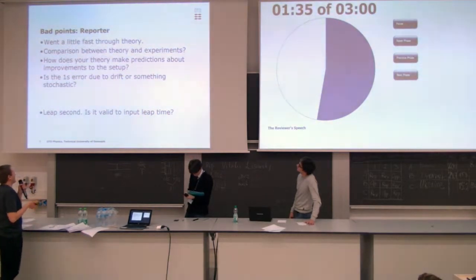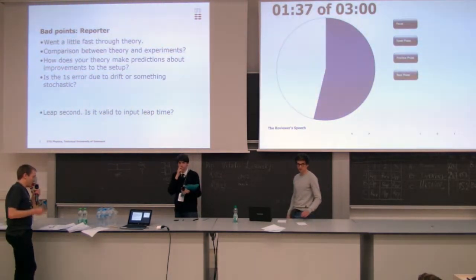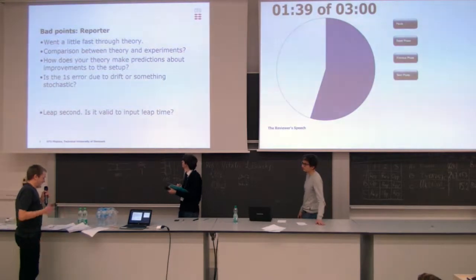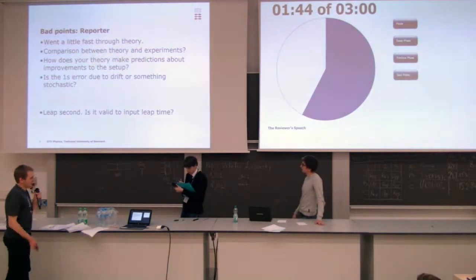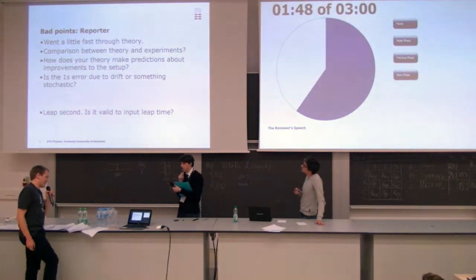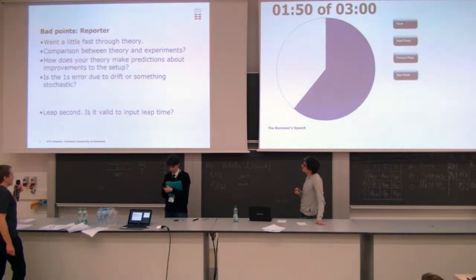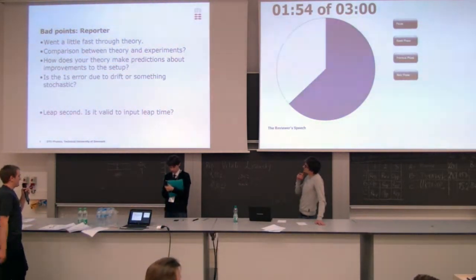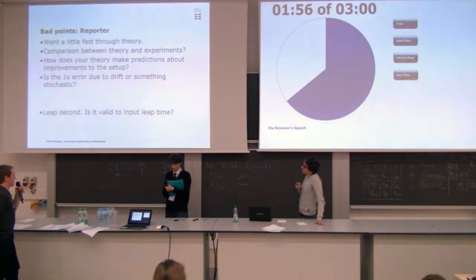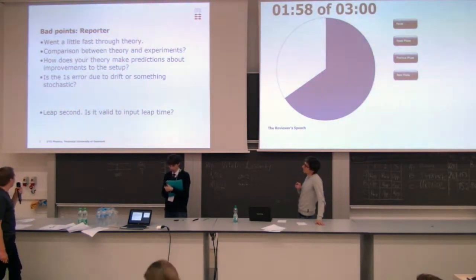Then you talked a little bit about the error. You said that you had an error of 1 second in 15 minutes, and you talked about the difficulty of determining the beat frequency and stuff like that, which was discussed at length.